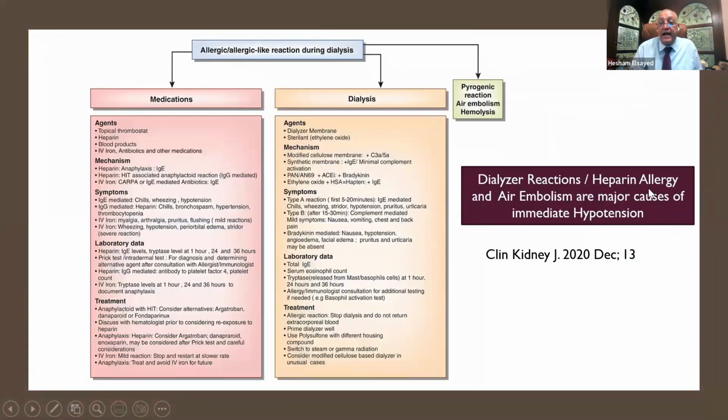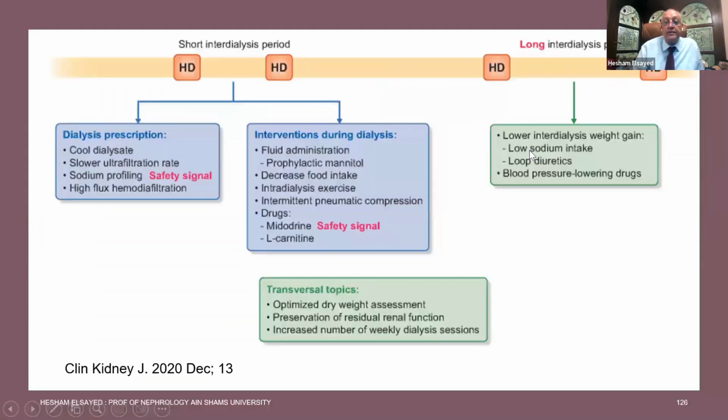So this dialyzer reaction, sometimes intradialytic hypotension immediately when starting the dialysis, stops after we change the dialysis membrane, or the sterilization could be from gamma, for example, we shift to steam, could be from polysulfone, we shift to more biocompatible membranes like polyether or polyamide. So this is the scheme.